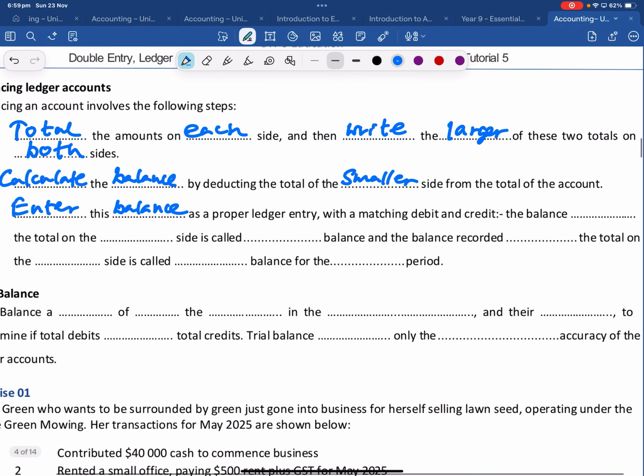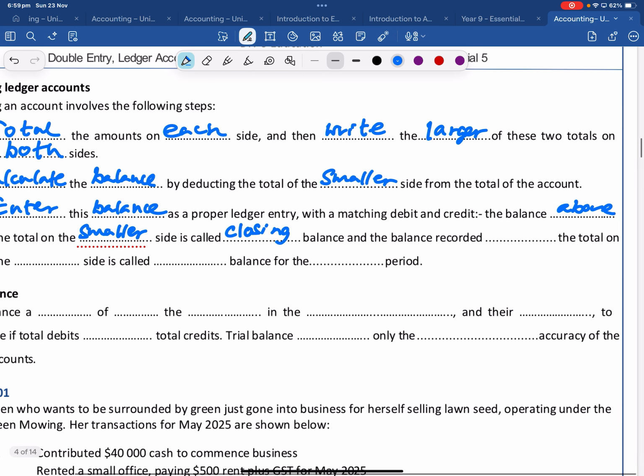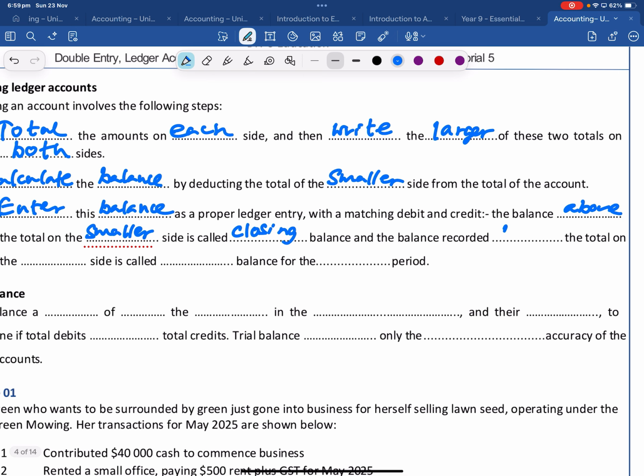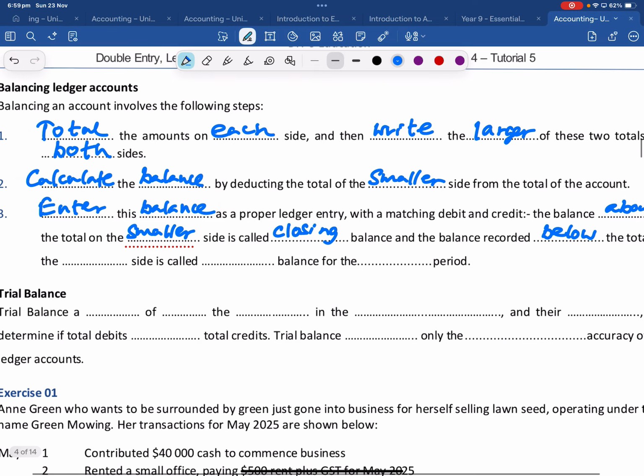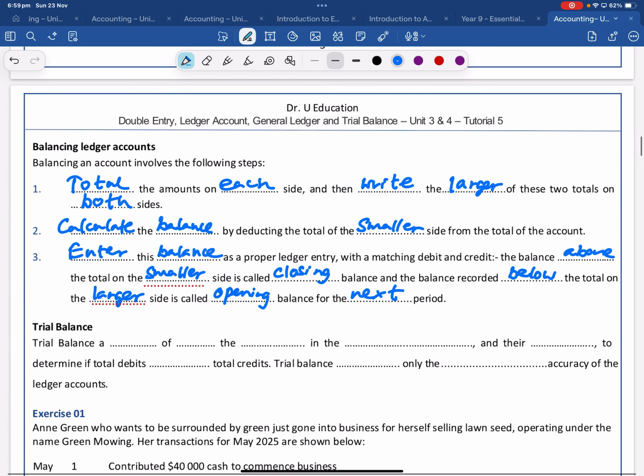The balance above the total on the smaller side is called closing, and the balance recorded below the total on the larger side is called opening balance for the next period. I'll give you a couple of minutes, please read it.